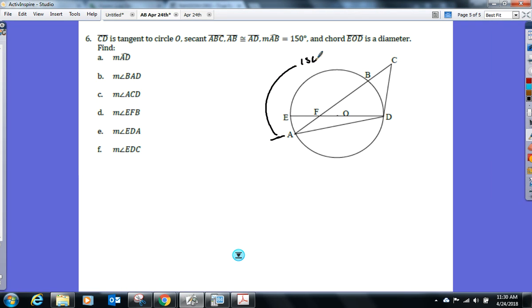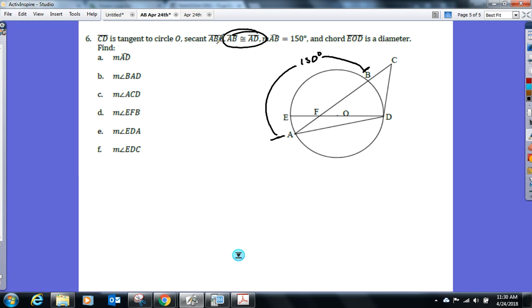Okay. Anybody know why they gave me AB congruent to AD? Anybody remember if 2 chords are congruent, so are their arcs? Yes, nice job, Nick.